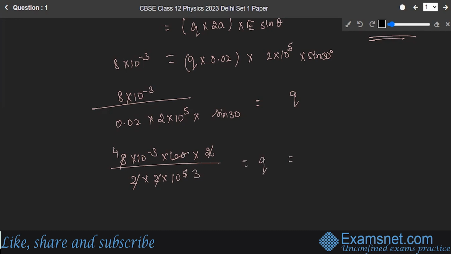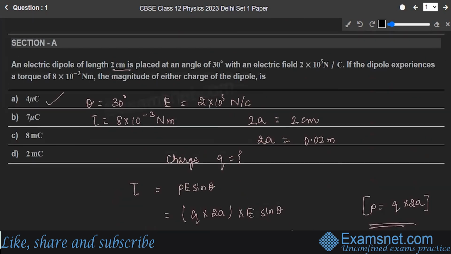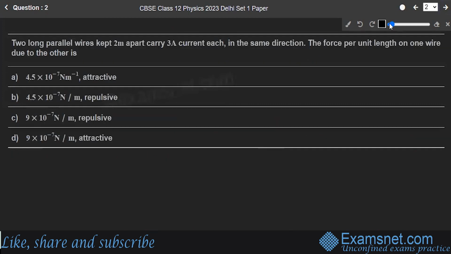Q comes out to be 4 into 10 power minus 6. So it is 4 into 10 power minus 6 coulombs, or 4 microcoulomb. That's the right answer. Option E. This is the right answer to the question. Hope you got that. Next is question number 2.